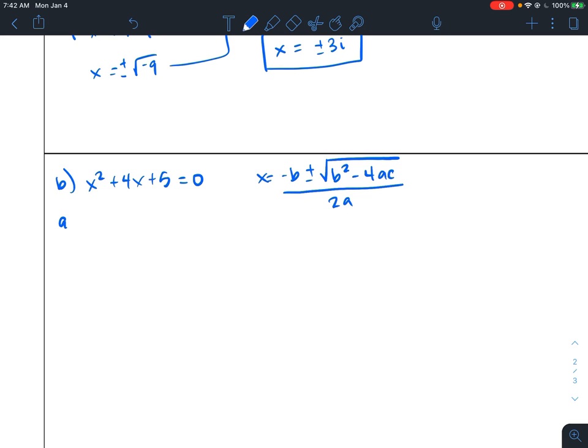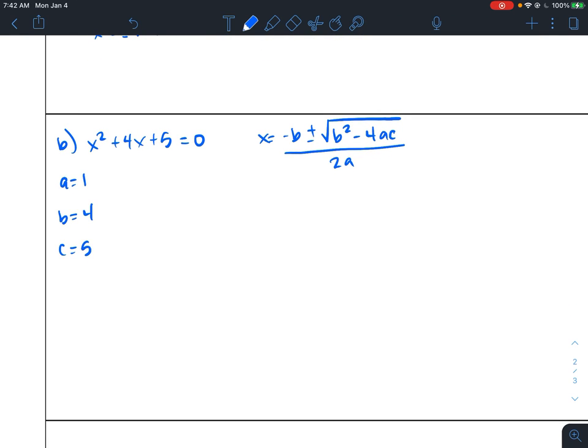In this case, a is equal to 1, b is equal to 4, and c is equal to 5. So x is equal to negative b, that'd be negative 4, plus or minus the square root of b squared, so that's 4 squared minus 4 times a times c, all over 2 times a.